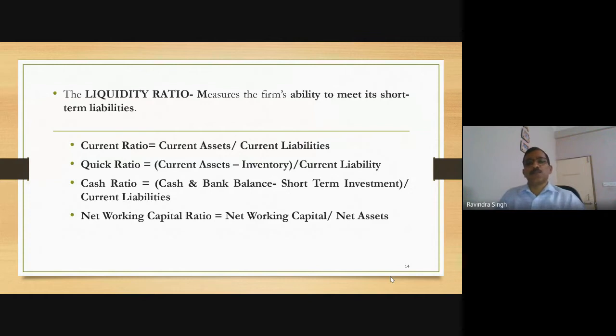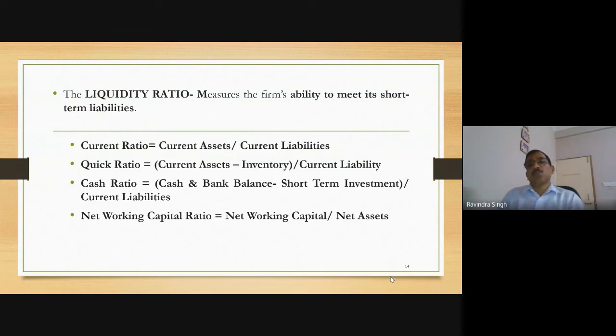Then what is the further evaluation? Quick ratio. How does it differ from the current ratio? In this, inventory is removed from the current assets. Only pure cash is taken: in bank, in hand and FDRs. That's all. And divided by the same current liabilities. Okay.